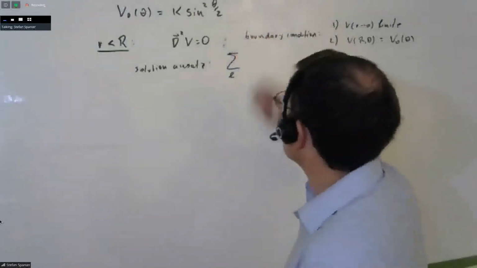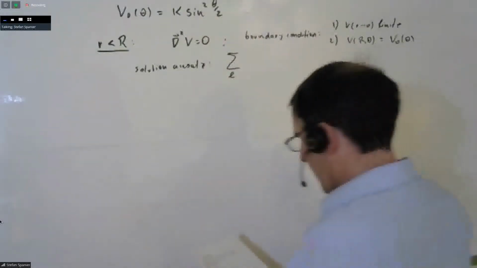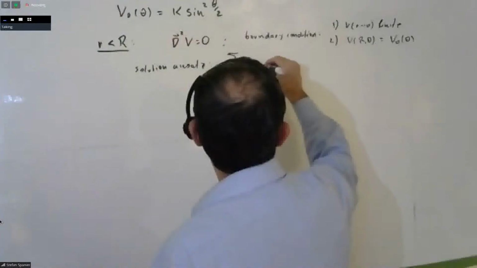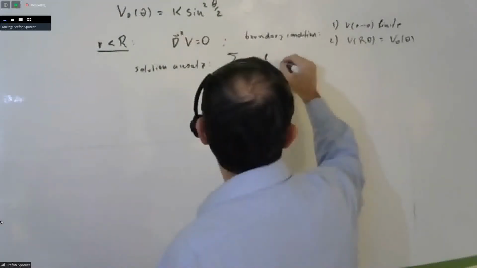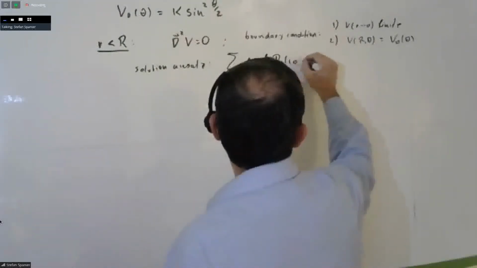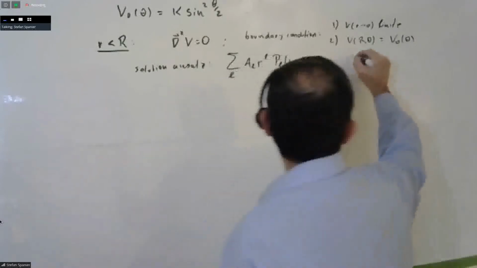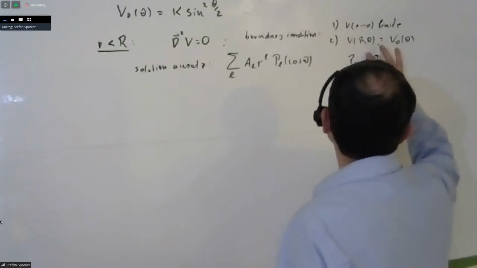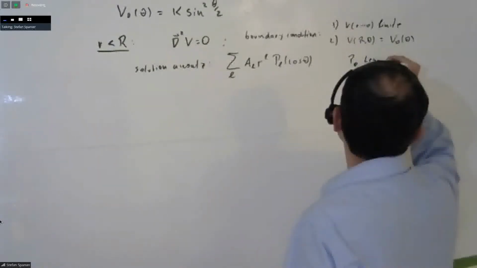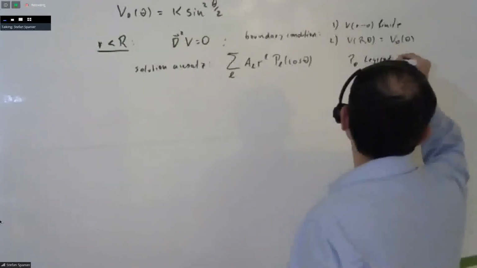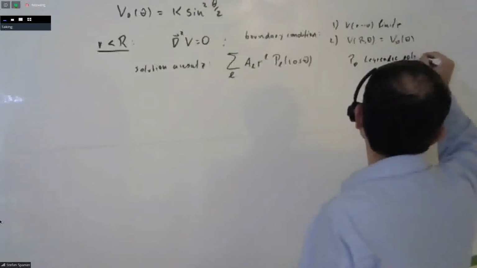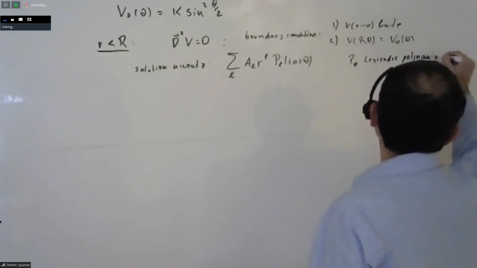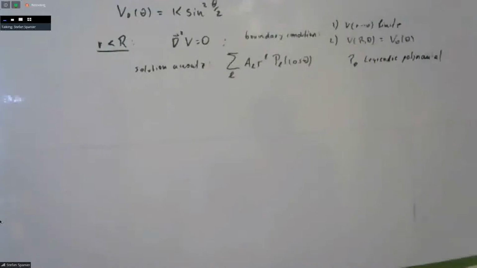And then the solution ansatz here, that's the A_l, and then r^l, and then P_l, the Legendre polynomials. If you have put this together, the rest is really executing the thing.